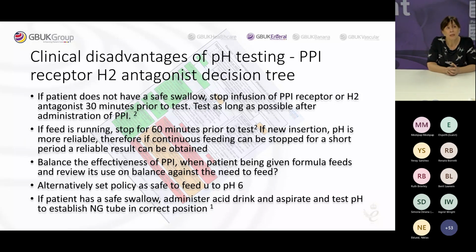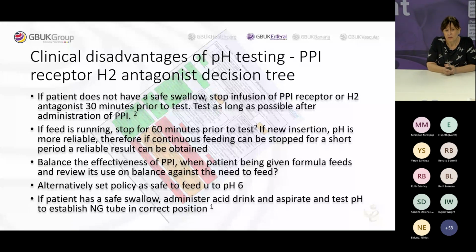If it's feed that's running and it's continuously running, stop for an hour prior to carrying out the test. And again, you should be able to get gastric juices to get a good pH test from those.